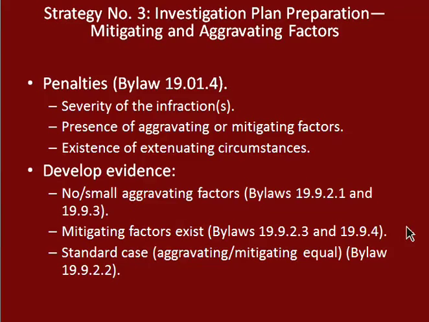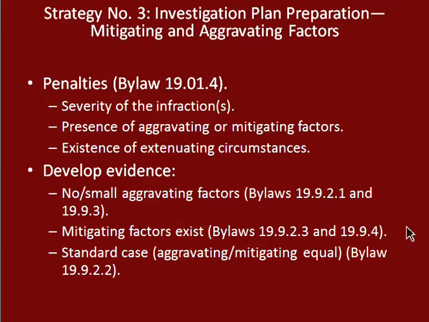Now, one thing I didn't mention is there is such a thing as a standard case. A standard case is the middle row case. It's not aggravating, it's not mitigating. The mitigation and aggravating factors are roughly equal. So those are going to have the middle range of penalties.